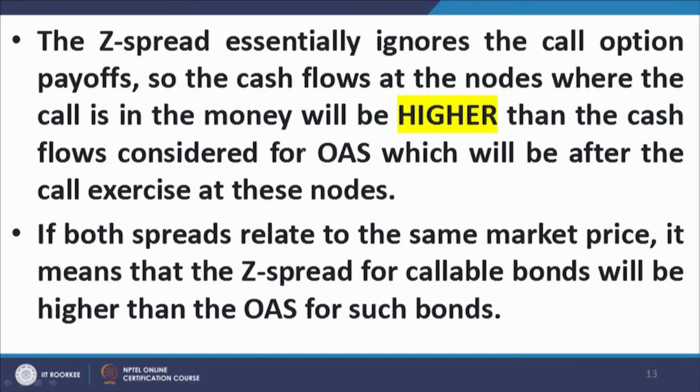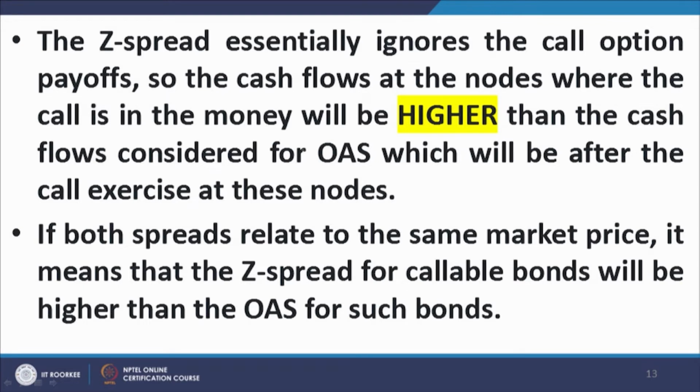Why? Because the exercise price will replace the computed price, and the computed price is higher, the exercise price is lower. So, the Z spread cash flows will be higher than the cash flows considered for option adjusted spread, which will be after the exercise of the call at these nodes.